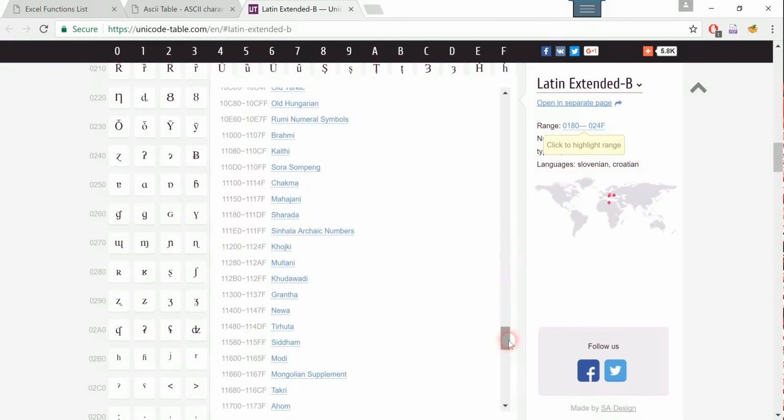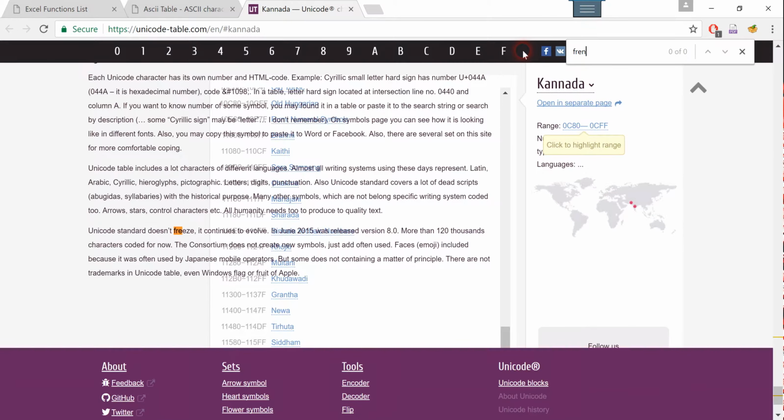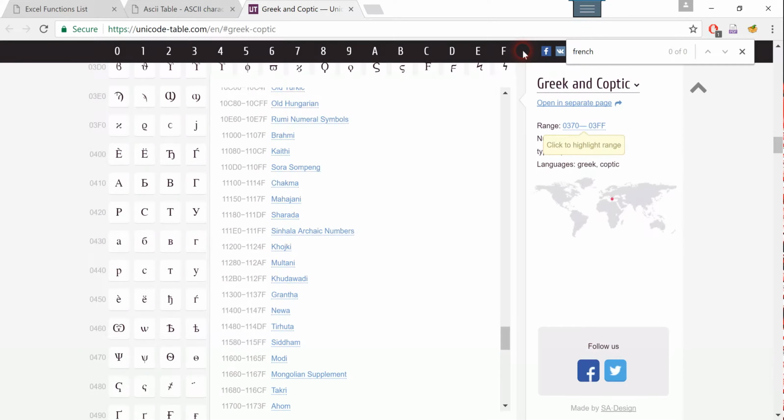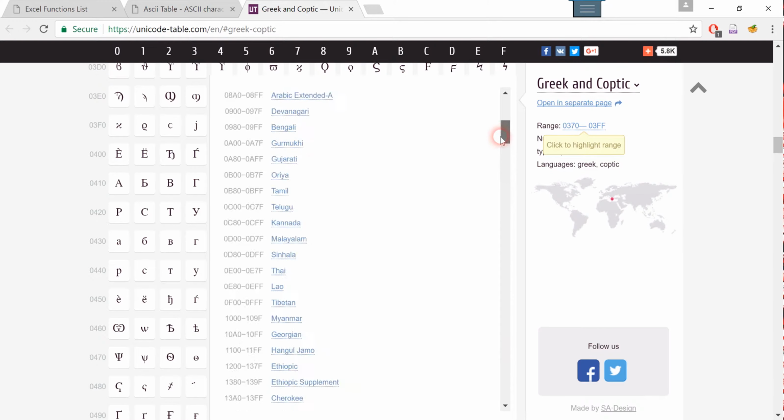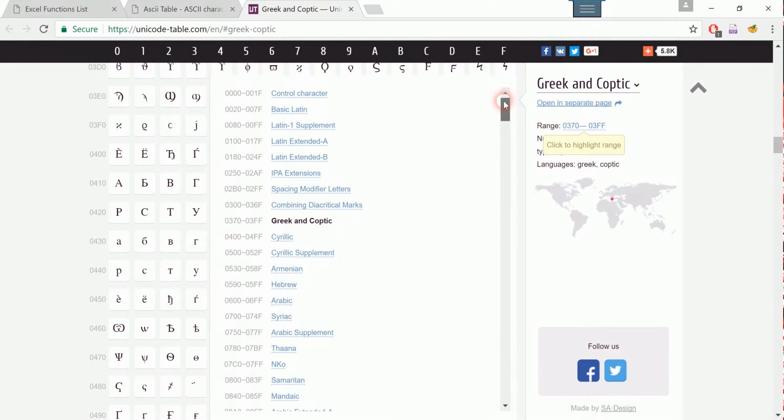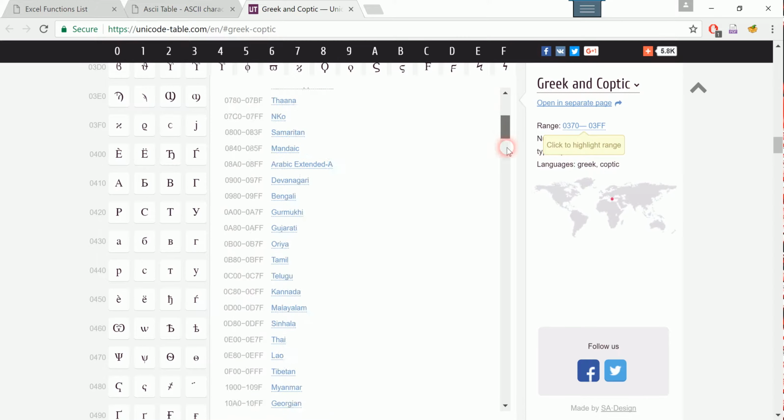I would like to maybe search for French here. Okay, I can't seem to find it here. It looks like it's not in alphabetical order. I thought it would be.